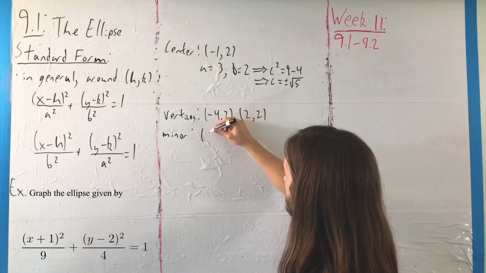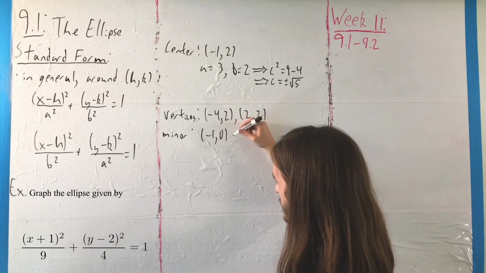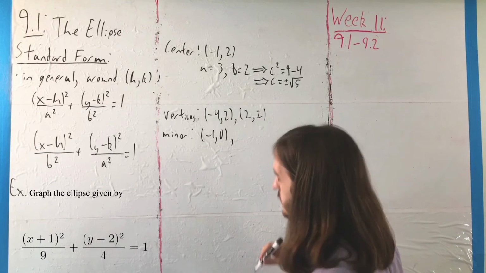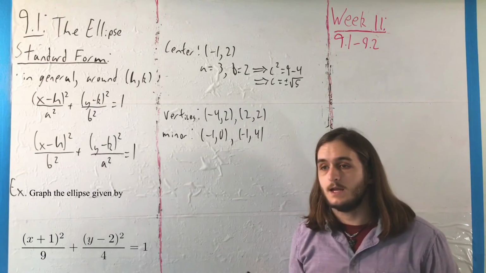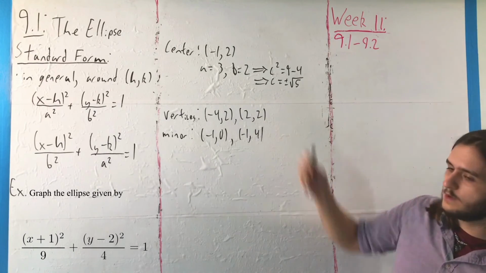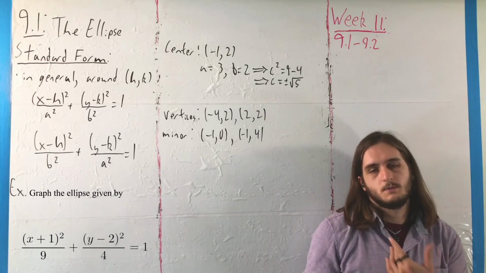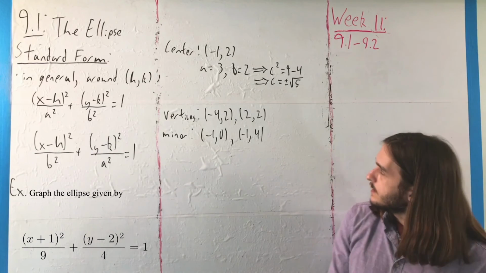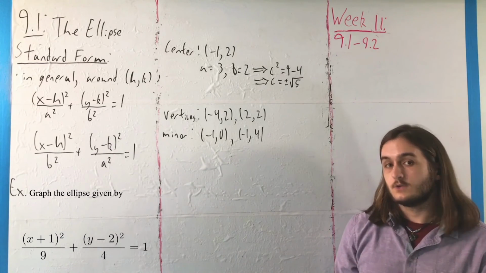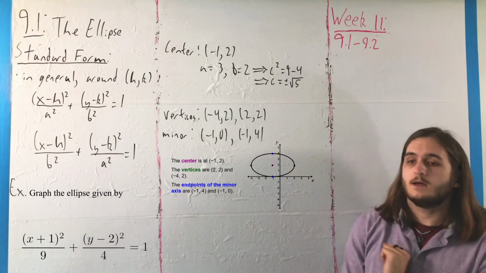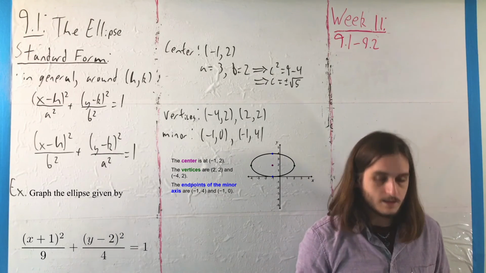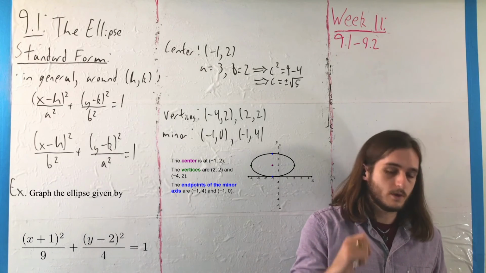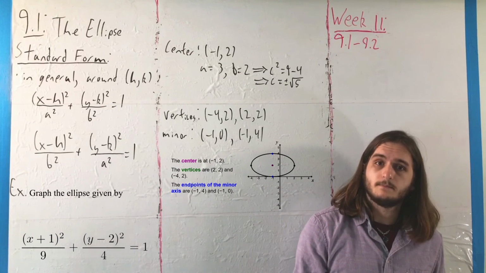So when we subtract, we will get (-1, 0), as well as (-1, 4) for when we add. So we have these 4 points, and based on the arrangement that we have with them and our greater patterns that we've seen, we will end up with a graph something like this, where we have that horizontal ellipse shape built around those 4 points with the center in the middle of them.